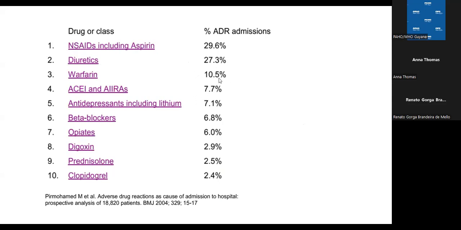Here you can read hyperkalemia. Here you can read bleeding. Here you can read hypokalemia and hyponatremia, bradycardia, and here digoxin intoxication. And so those are the culprits, the most frequent culprits.